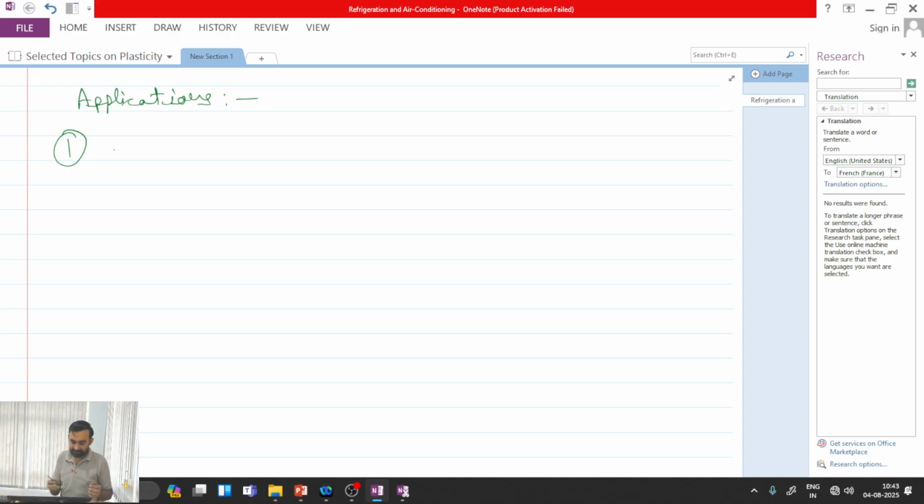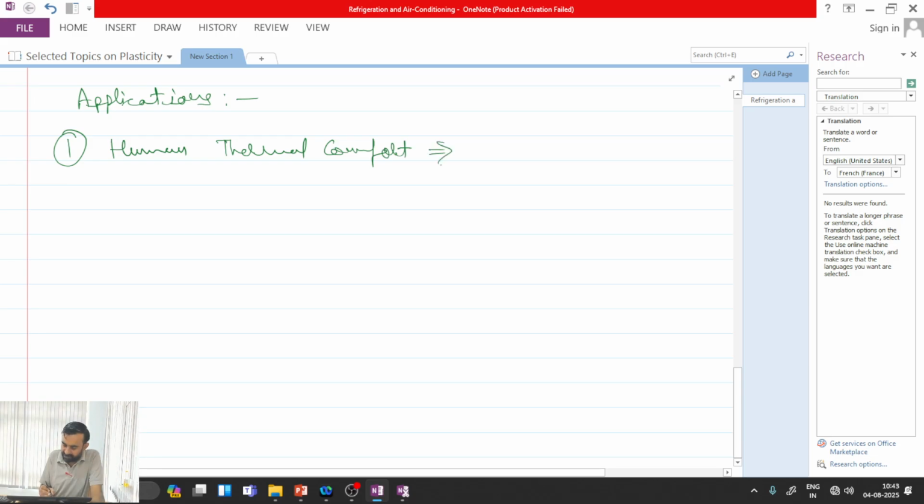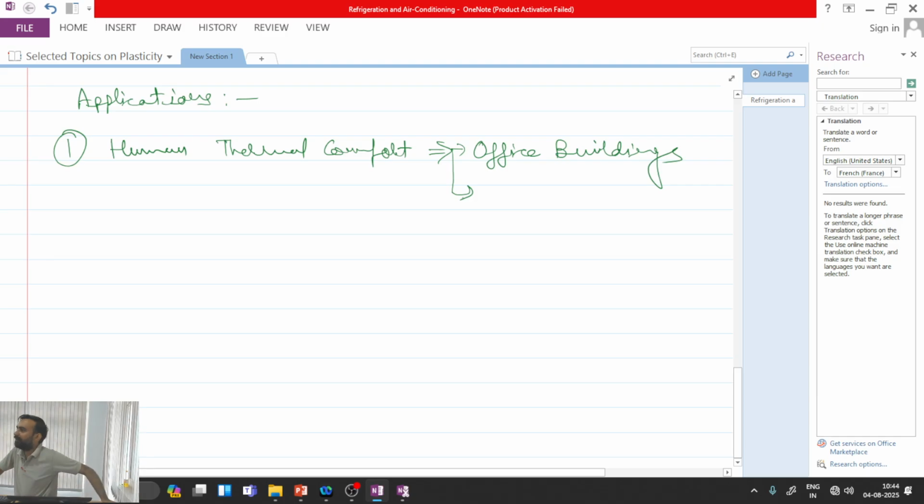So first is to achieve human thermal comfort conditions, and for that refrigeration and air conditioning is used in office buildings, wherever you are having people. So in all the buildings where you have spaces for humans, you have to employ this.